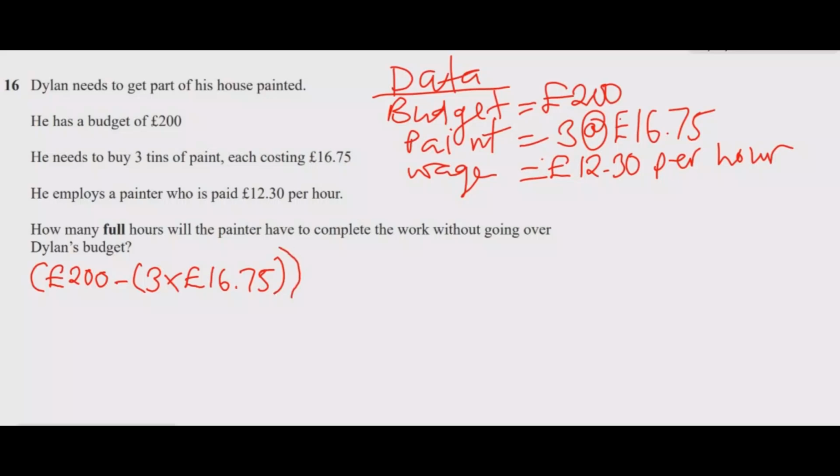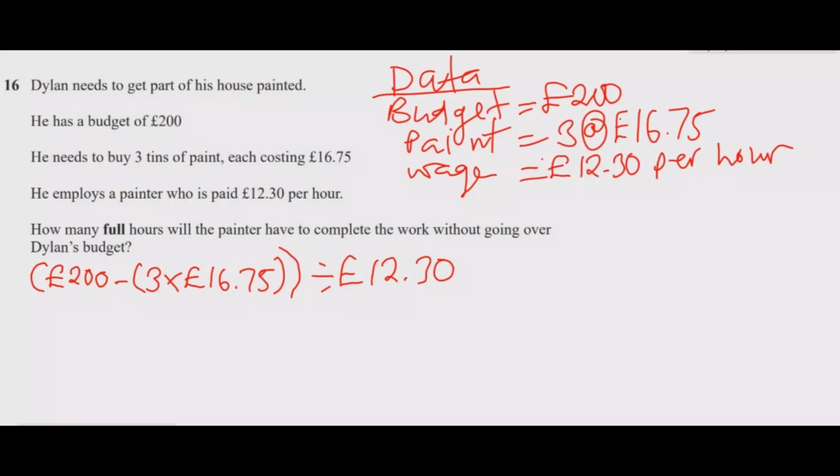We want to find the hours the painter is going to work, so the entire expression is divided by the cost of painting per hour, which is £12.30. That is the charge for painting for 1 hour.